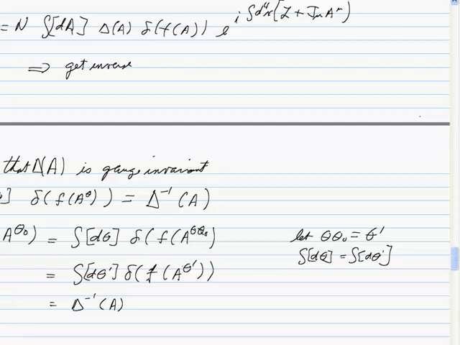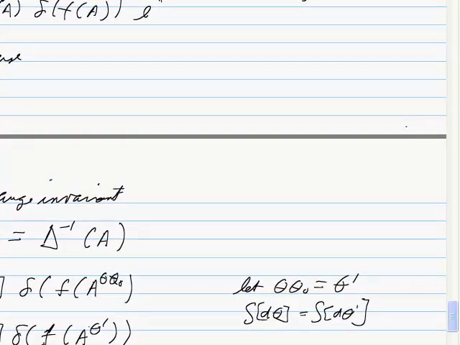Okay, so all this fancy stuff is basically just saying that this is gauge invariant, that if I made a gauge transformation on it to begin with, I'd get the same Jacobian.